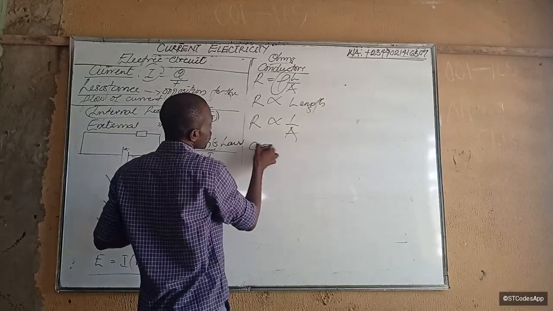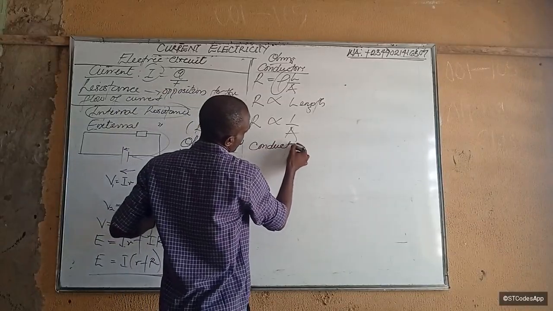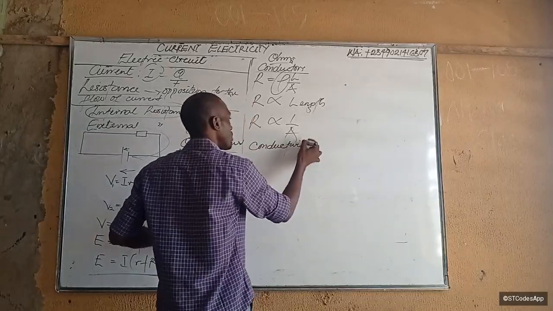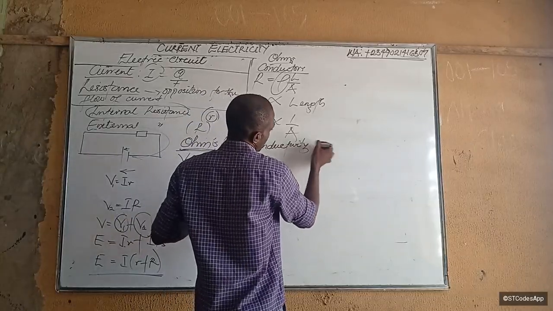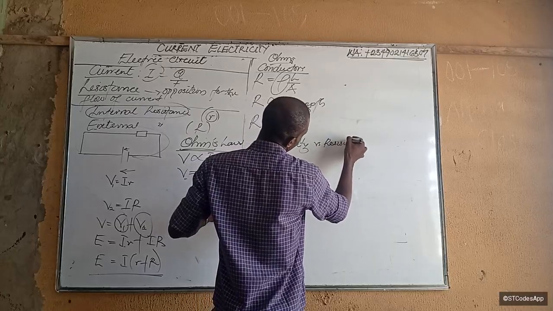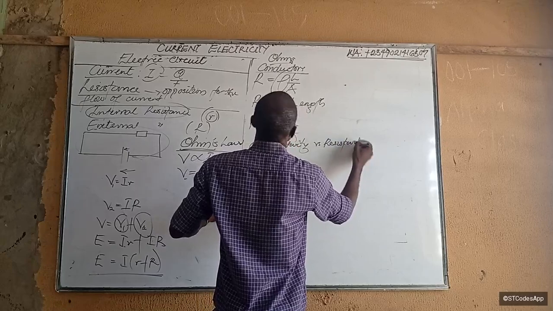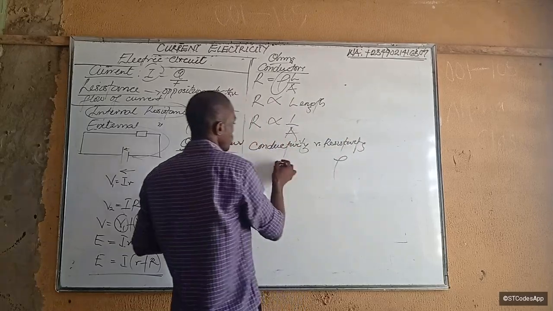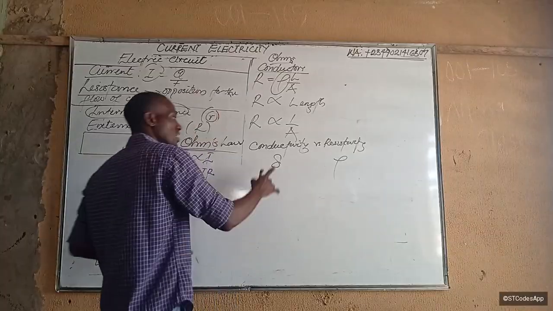Now, there is something called conductivity versus resistivity. Resistivity is measured in ohm meters, and conductivity is denoted by sigma.